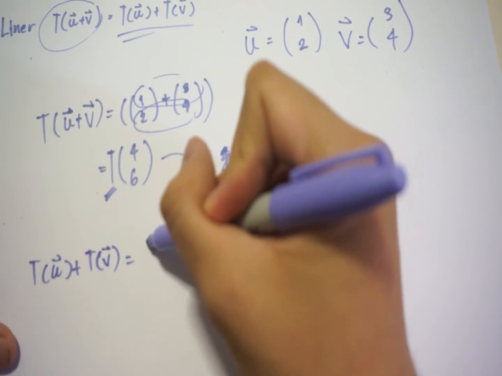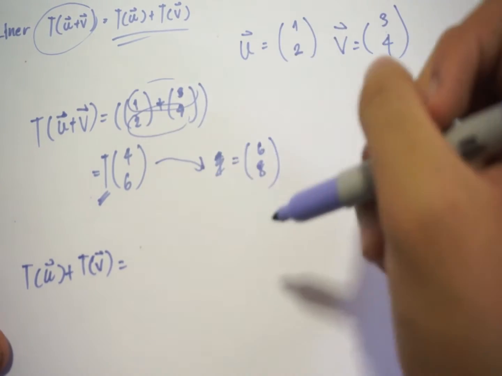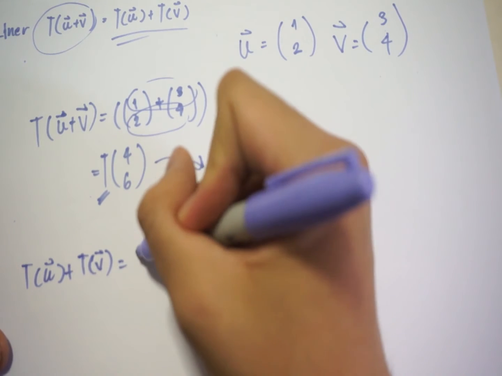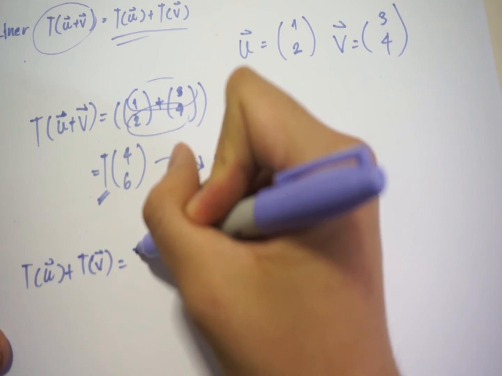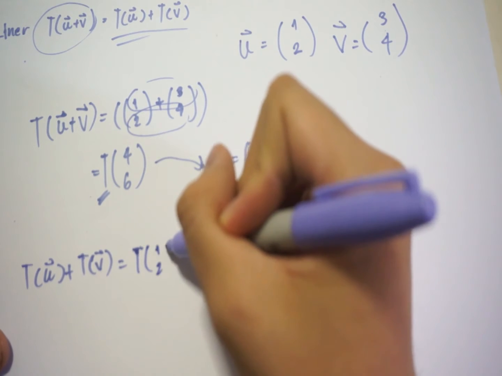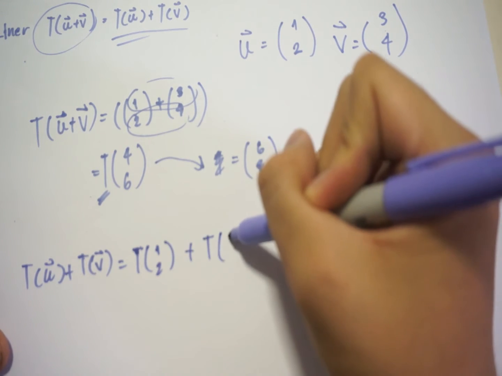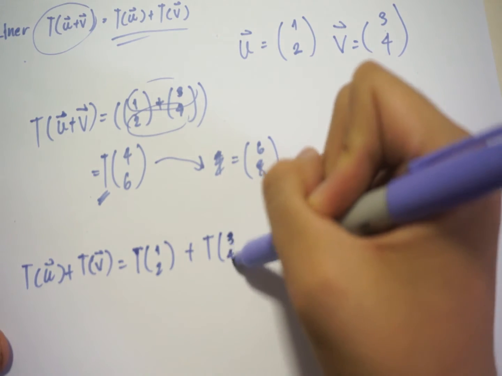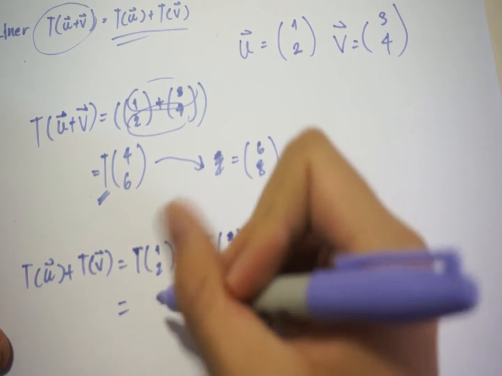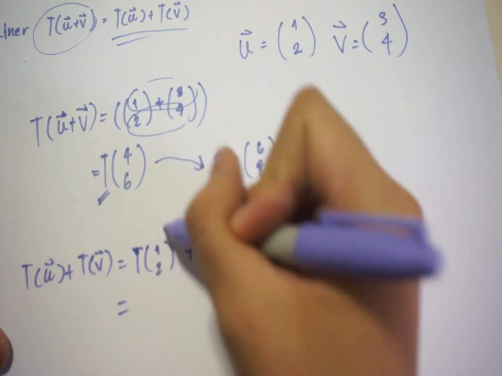Okay, we gotta transform them first, and then we're gonna add them together to see whether it is the same or not. But you may know by now that if I transform this first, it would not be the same. I'll show you. Okay, we're gonna transform this.